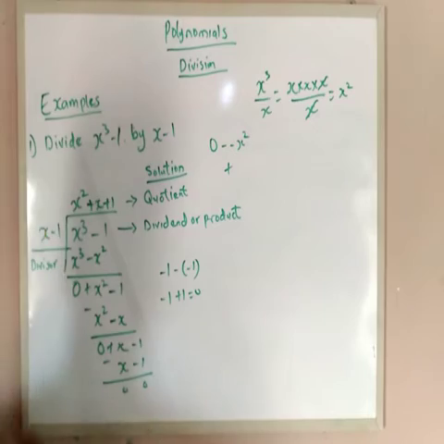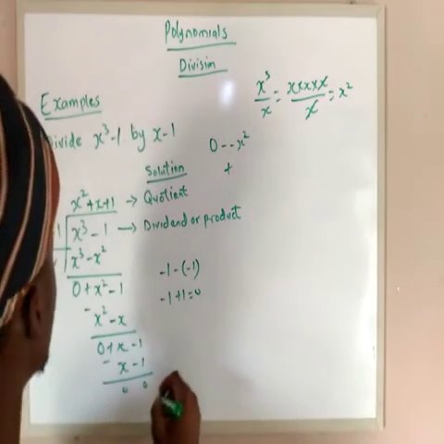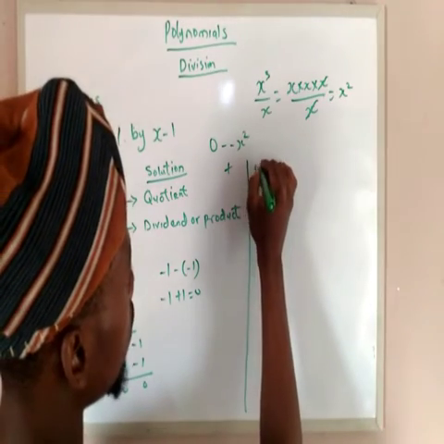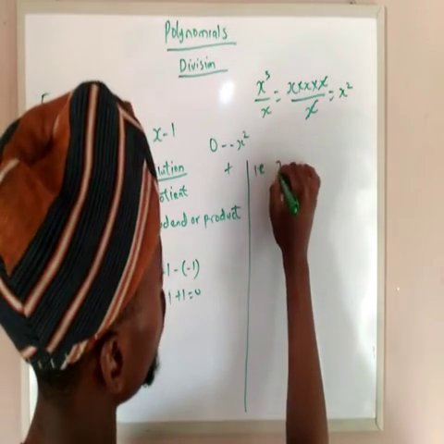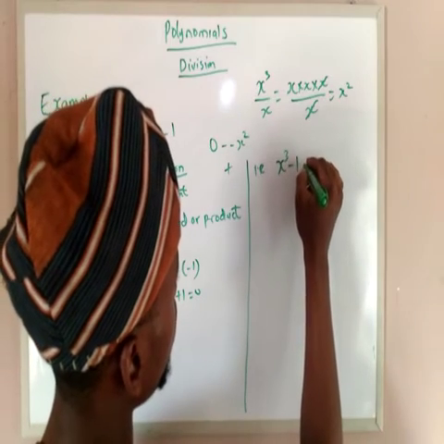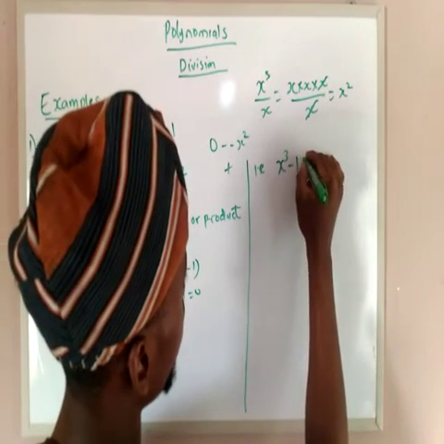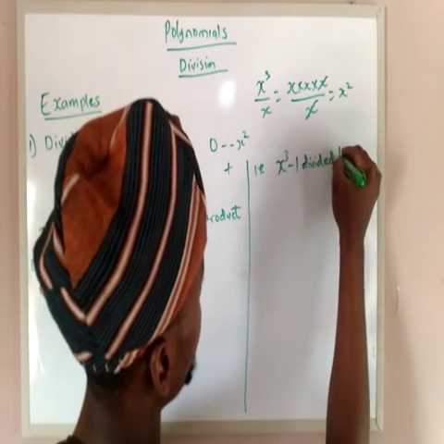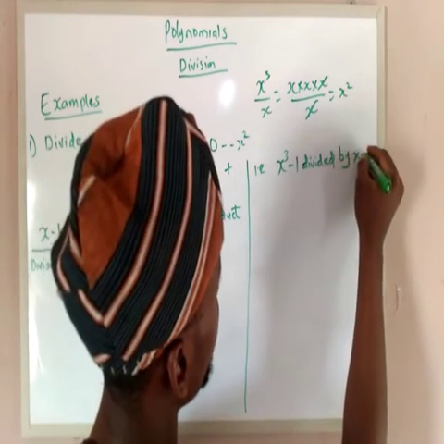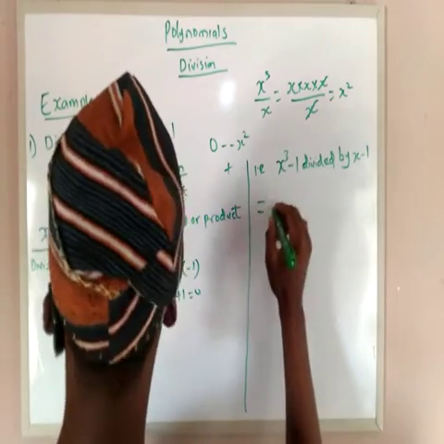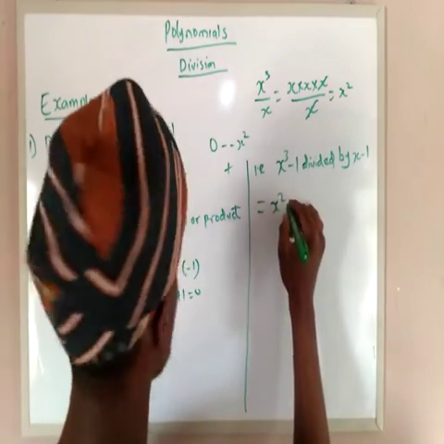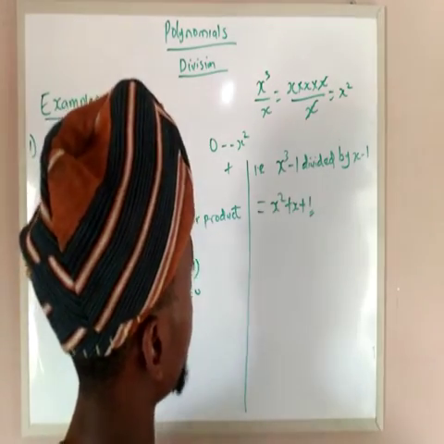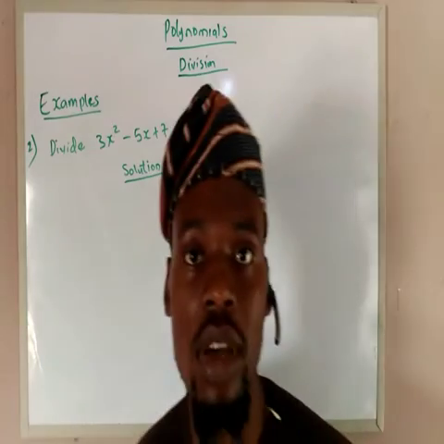And our answer is that x raised to power 3 minus 1 divided by x minus 1 is equal to x raised to power 2 plus x plus 1. That's our final answer.